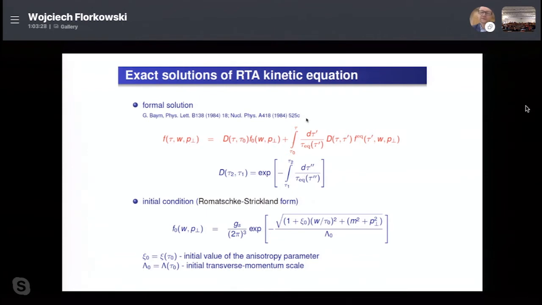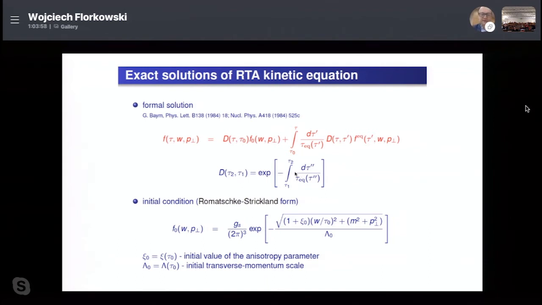One can solve it really by making some iteration of this equation, so we can actually get f exactly. The issue is about the initial distribution. I mentioned before the break that the system is anisotropic at the very early stages, and so we want to use as the initial distribution the one which accounts for anisotropy.